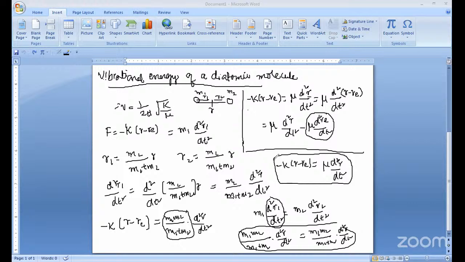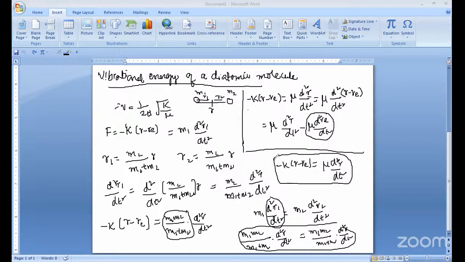Now the equation we have got, minus k into r minus re equals mu into d square r by dt square, is similar to a simple harmonic oscillator.